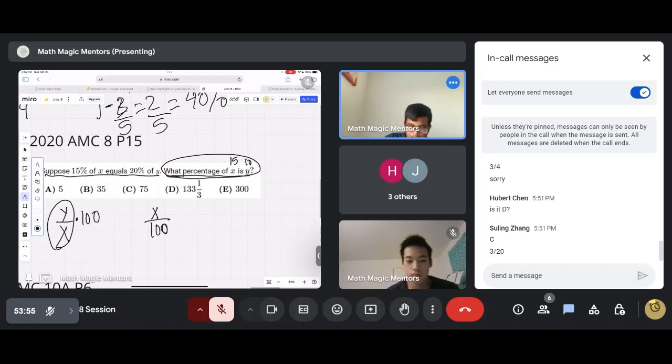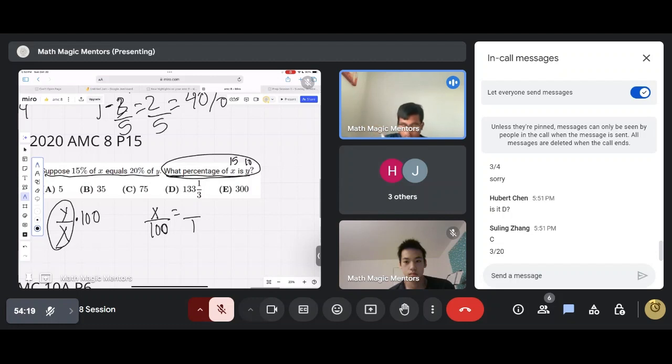And so we want to find what fraction 15 is out of 100. We're going to find something out of one here, because a ratio is a fraction out of one.